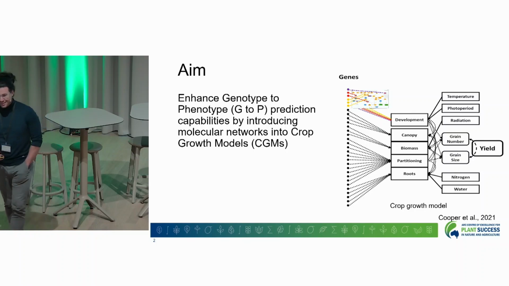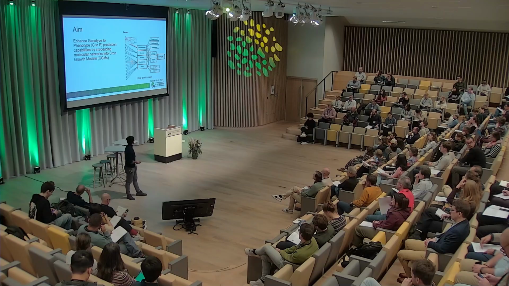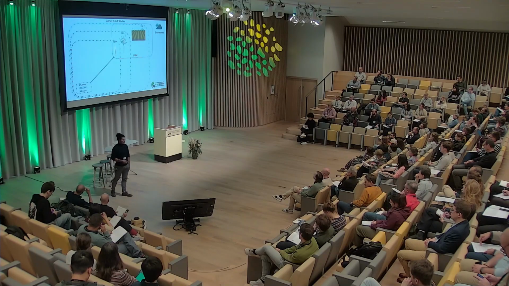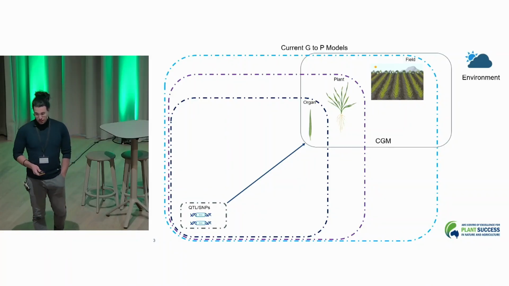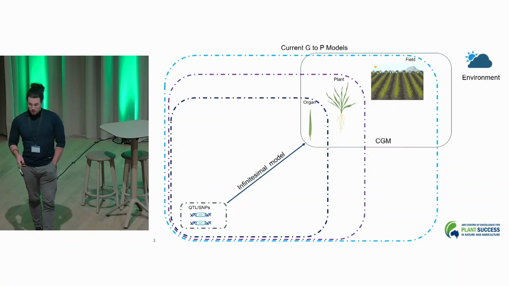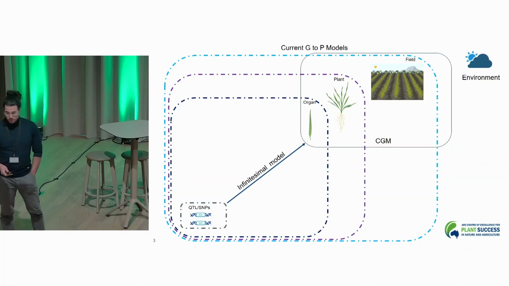My main aim of my PhD is to enhance genotype-to-phenotype prediction capability by introducing molecular networks into crop growth models. And currently, the genotype-to-phenotype models use the infinitesimal model to connect directly the genes and the codes of these genes into the phenotypic traits in organ scale of crop growth models.